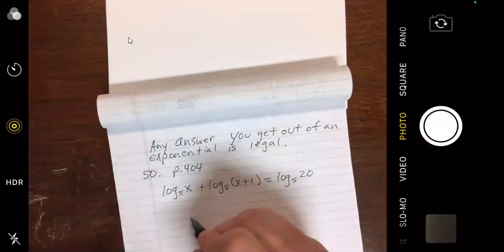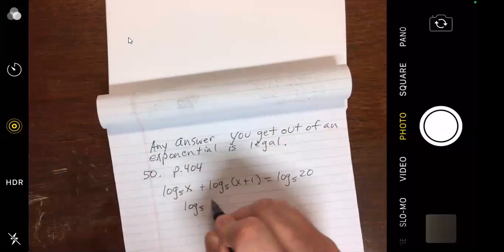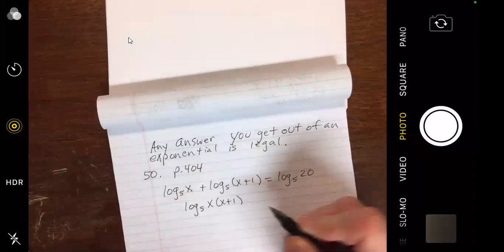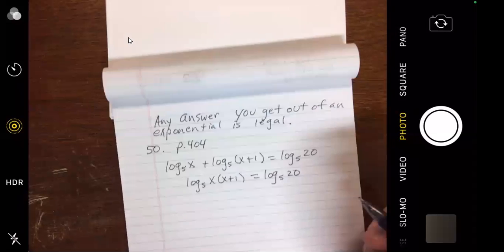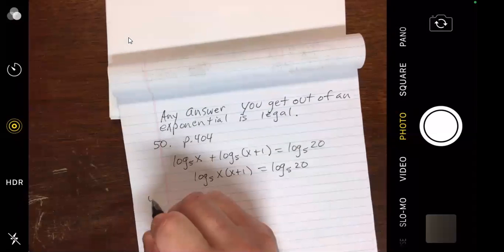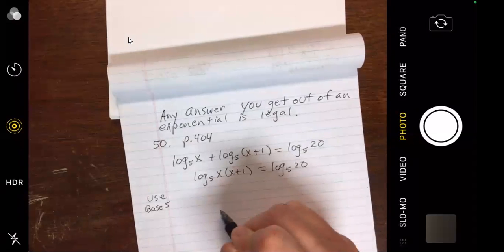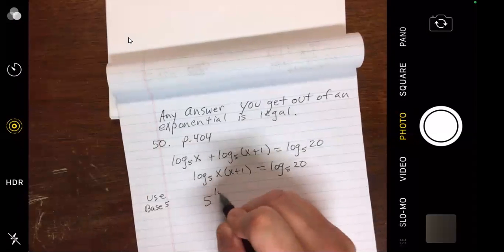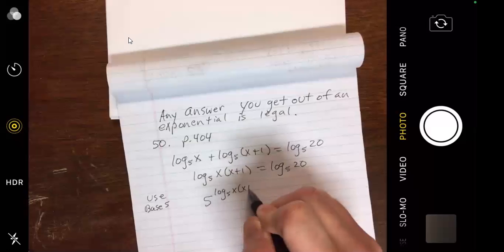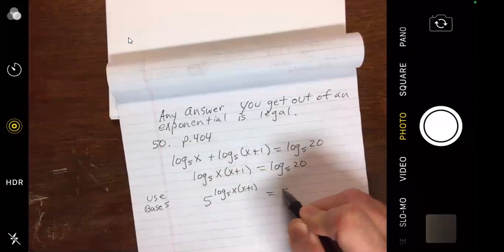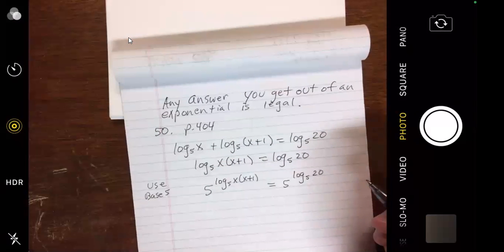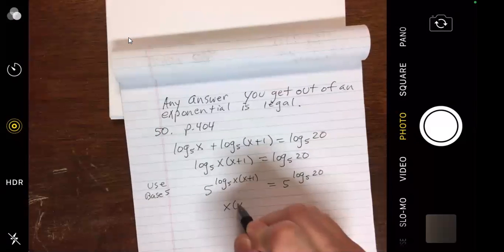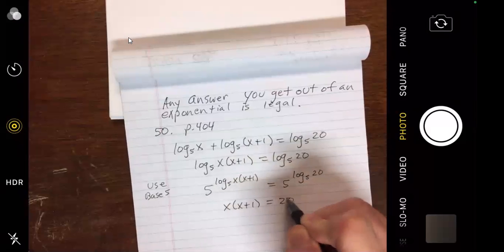Same exact idea, you're going to combine: log base 5 of x times x plus 1 equals log base 5 of 20. I'm going to use base 5. X times x plus 1 then is equal to 20.